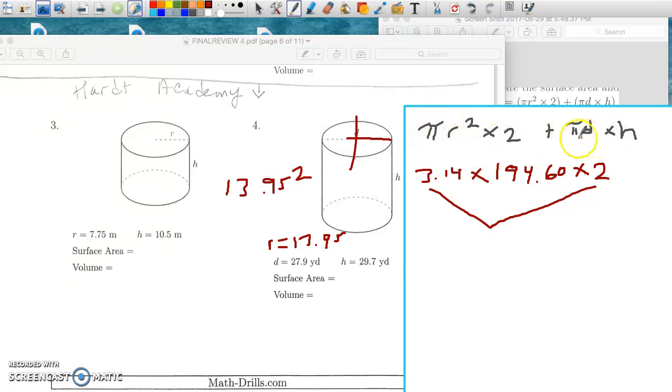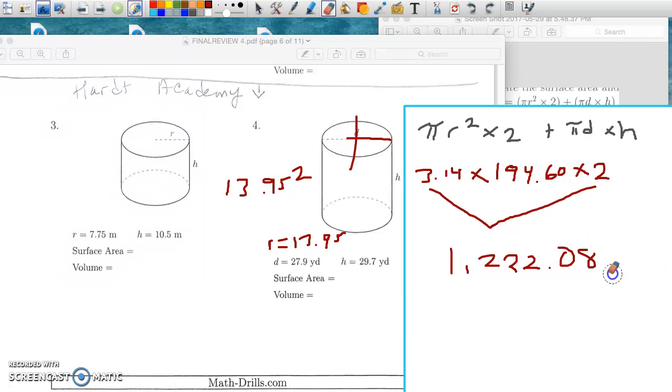And before I get to the second half, I'm going to multiply all these. 3.14 times 194.60 times 2. All right, I get 1,222.088. Okay, I'll just go ahead and take this last 8 off.